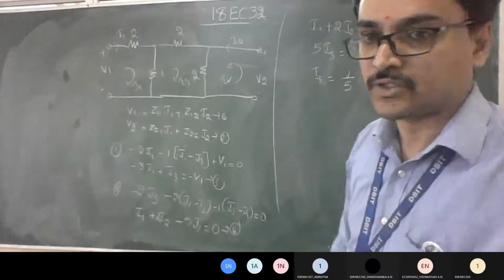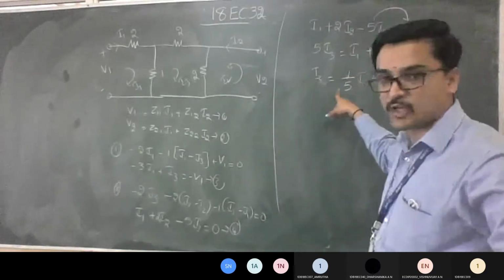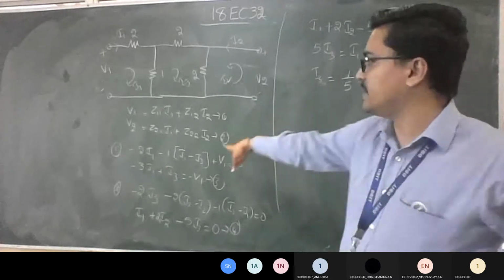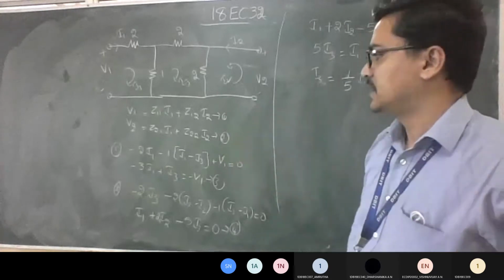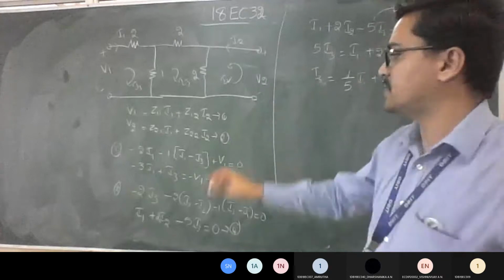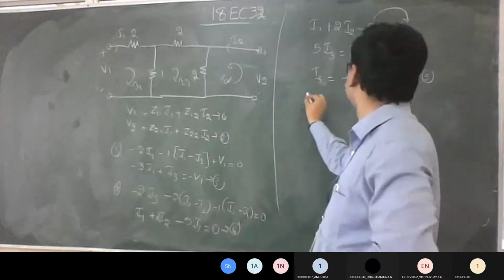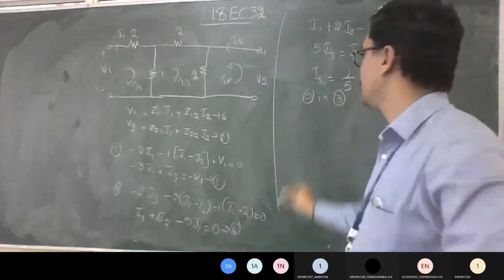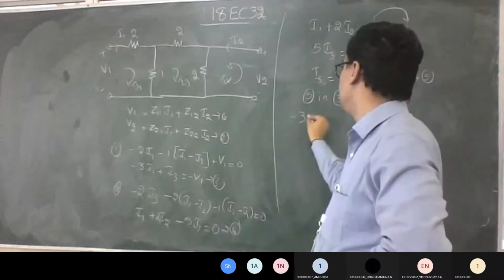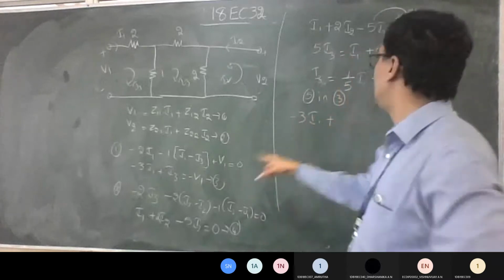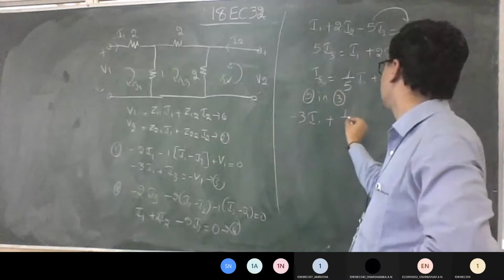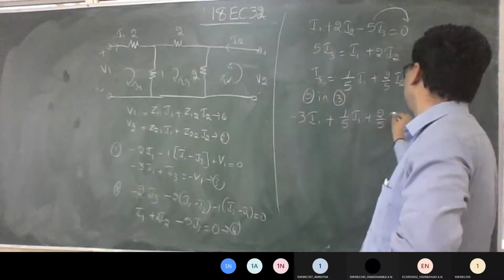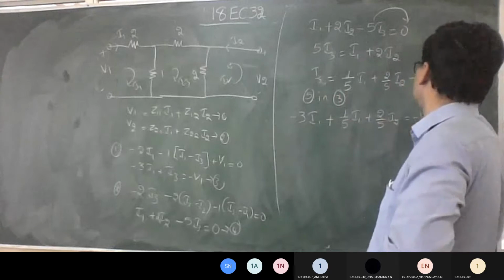Yes, sir. So now you can substitute this. If I call this equation number 5, substitute 5 in equation number 3. Equation number 3 is minus 3 I1 plus I3, so it's plus 1 by 5 I1 plus 2 by 5 I2 equal to minus V1.